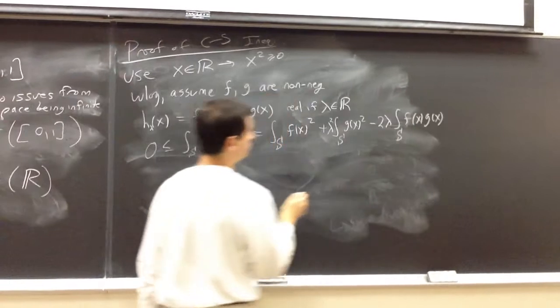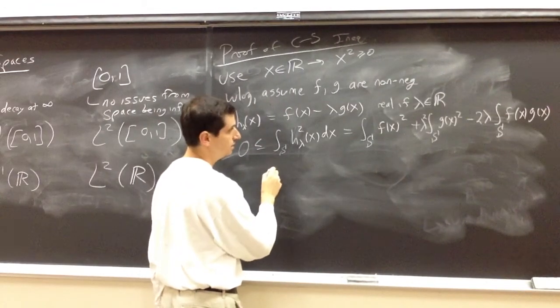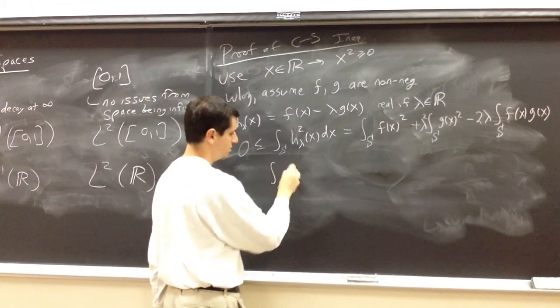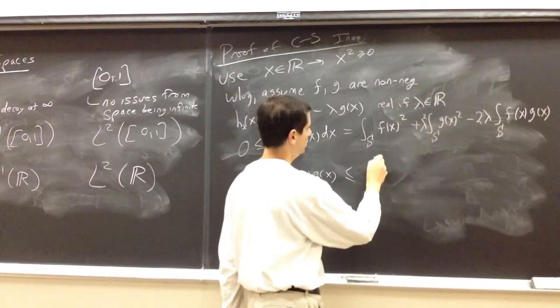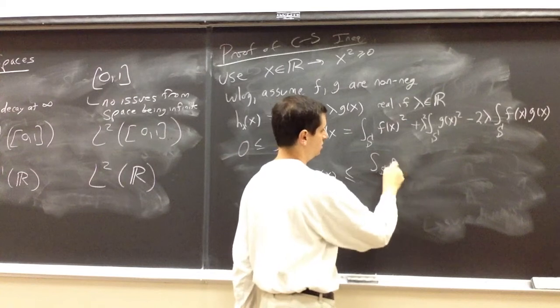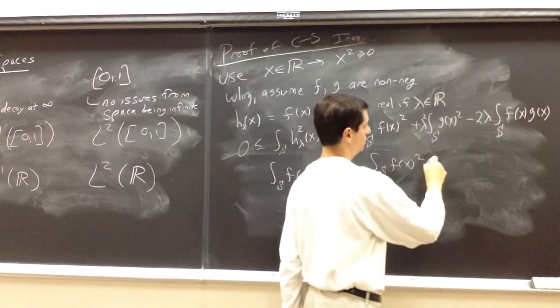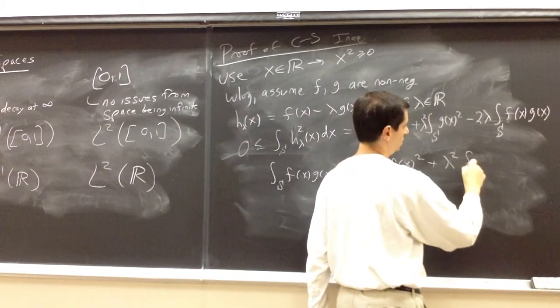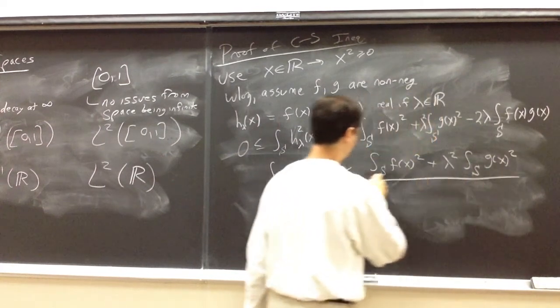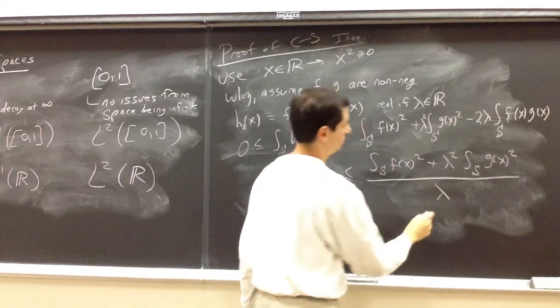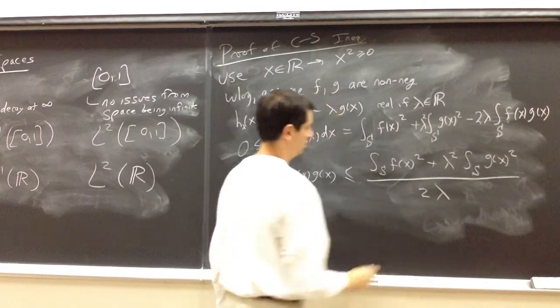And so if we pull this over to the other side, we get the integral over s of f(x)g(x) is less than or equal to the integral over s of f(x) squared over 2 lambda plus lambda over 2 times the integral over s of g(x) squared.